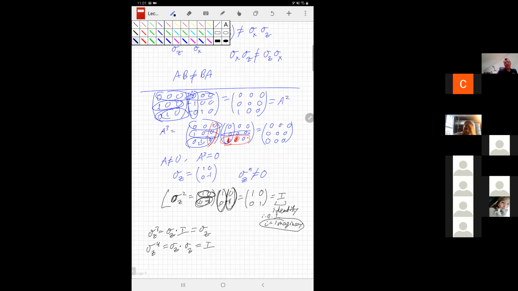What I want you to take away from this is not to memorize that this matrix cubed is 0, this other matrix cubed is itself. What I want you to take away is that matrix multiplication does not obey the same rules as multiplication of numbers.